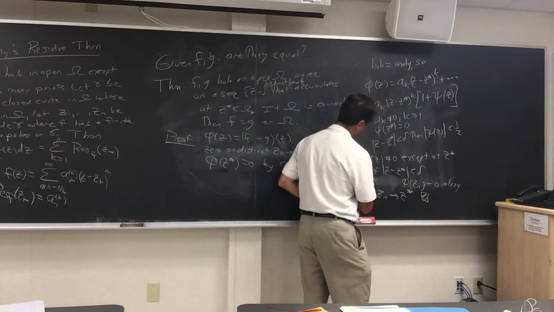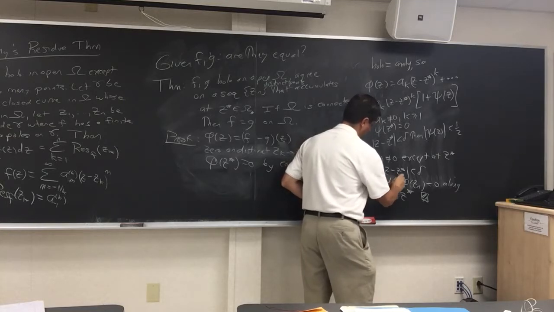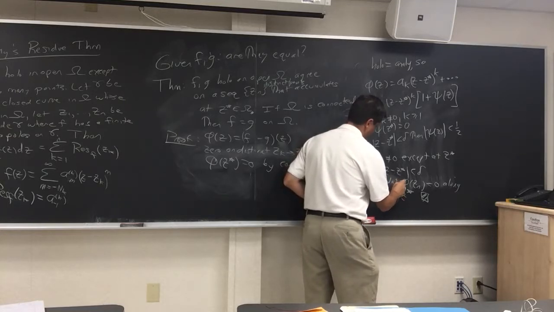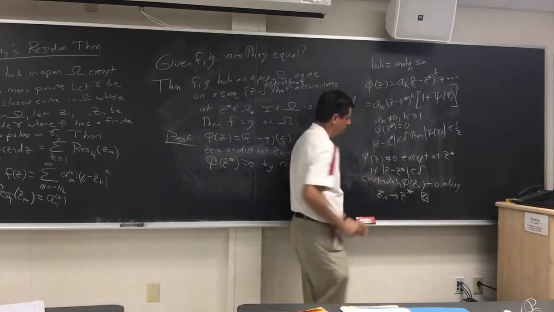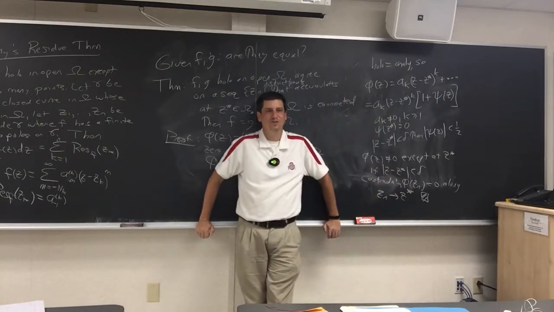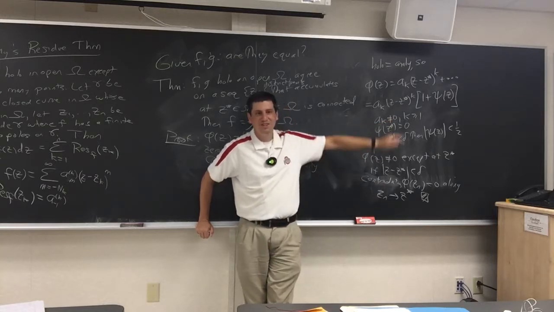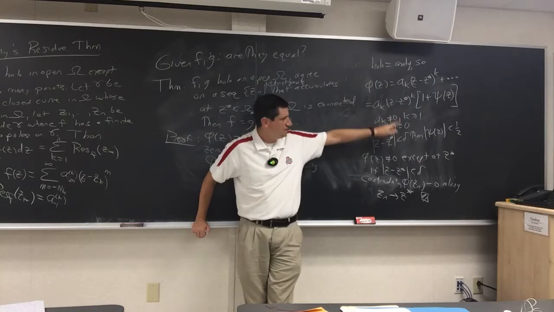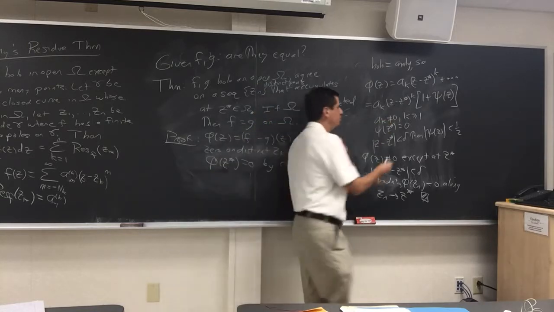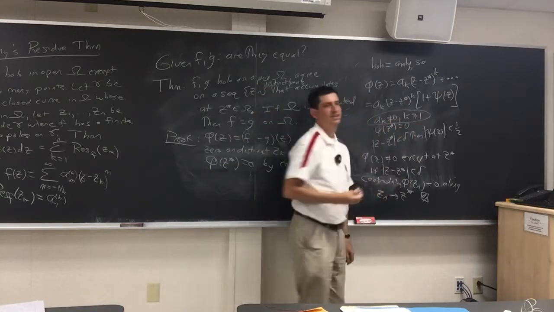Oh, no, I do have a contradiction. Where's the contradiction? I did assume something at one point. I assumed a_k is not 0 and that there's a k greater than or equal to 1. This was the only thing I assumed in the argument.